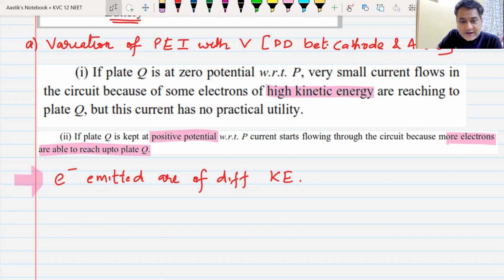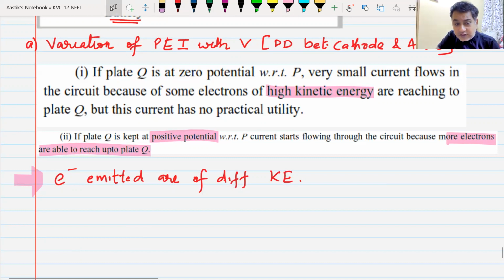Now, if I keep on increasing this potential, do you think that the current will keep on increasing till infinity? Will that happen? Will the current keep on increasing always, or will there be a time when something happens?